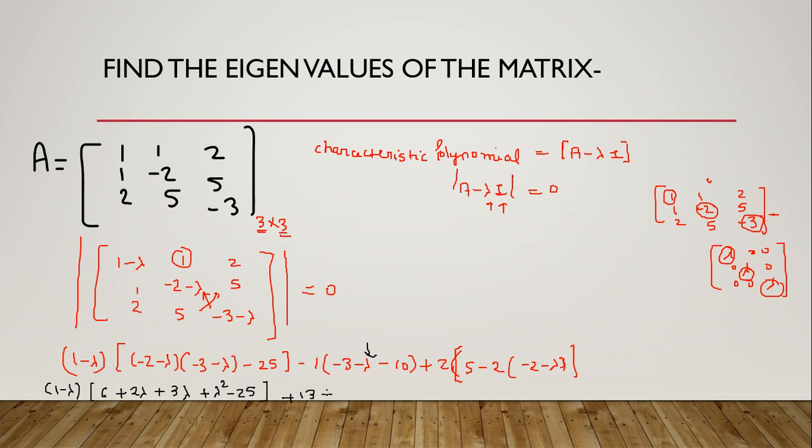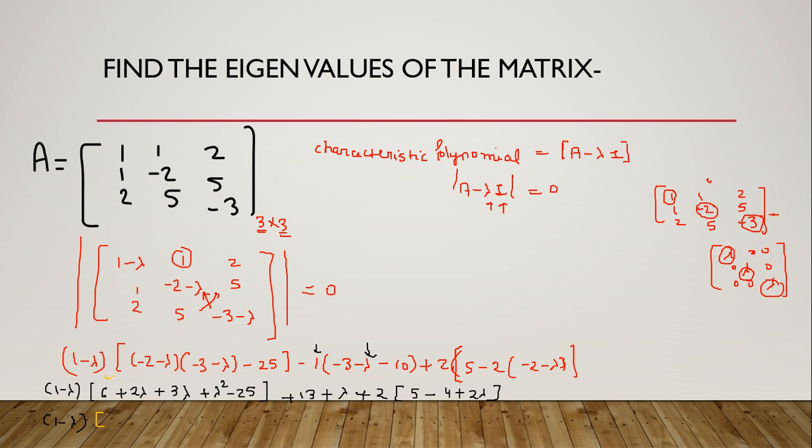So this will become plus 13 plus lambda, correct? After multiplying it with minus 1. Then if you see, this is 2, then 5 minus 4, minus minus plus 2 lambda, right? So 1 minus lambda.